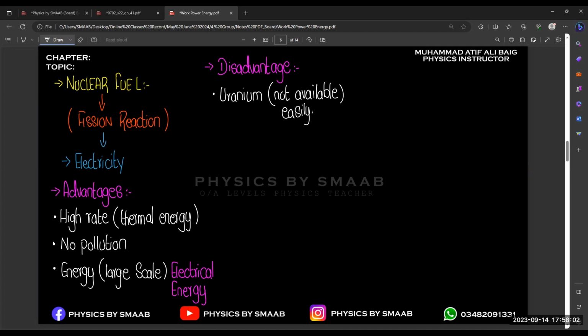Uranium is not available everywhere, right? It is not available easily, so we only have a limited amount of uranium. We can also use some other elements, but those elements are not able to produce as high an amount of electricity as uranium.